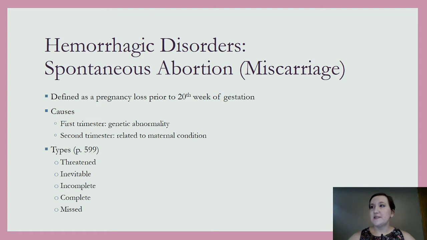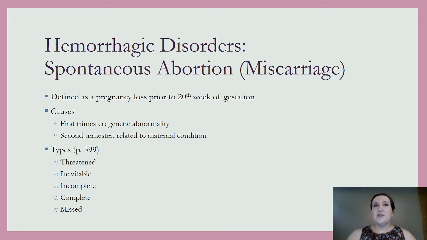Obesity, thyroid disease, lupus, or other more maternal genetic factors. Maybe mom is carrying the genetic disorder. Poor choices, like heavy alcohol consumption, excessive caffeine intake, and environmental toxins, can also be factors during the second trimester related to the maternal condition and causes for a miscarriage.